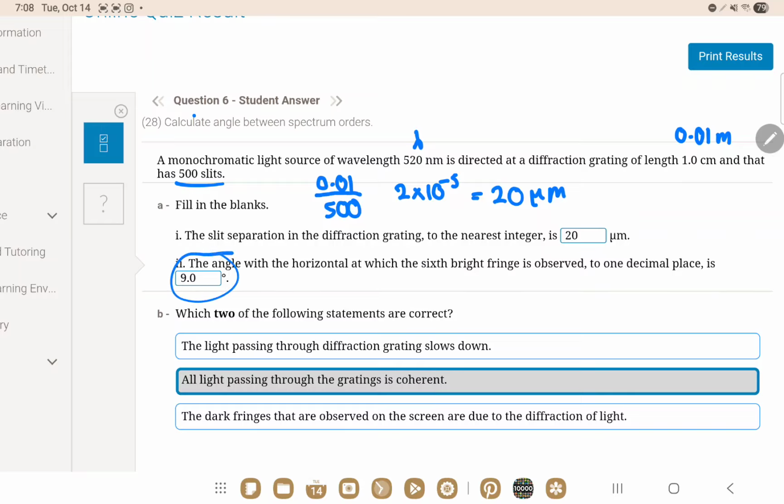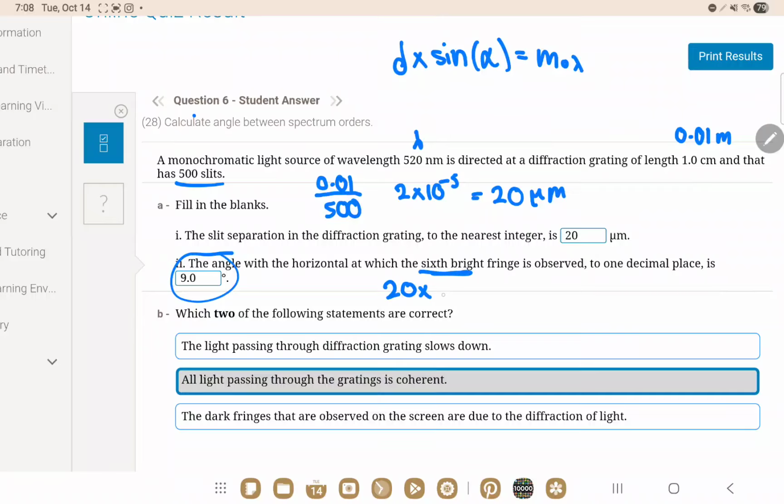Now, the angle with the horizontal, how do you do this? You're going to use the distance d, which is 20 micrometers. The formula is small d times sine of the angle alpha equals m times wavelength. By the way, they want the 6th bright fringe.